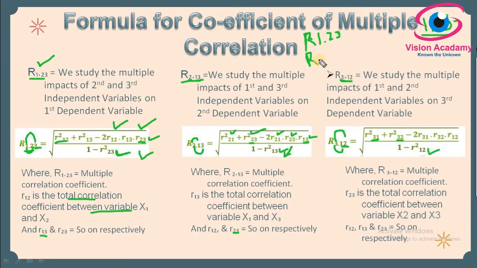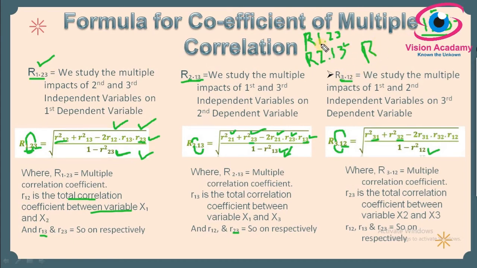So again for the second, we have considered 1 already as a dependent variable. Now we have to change that combination, and the second element is 2. I will consider the dependent variable as 2 here, and the remaining thing is 1 3. So the second option is over, then only one option is left, that is R3.12. I will tell you how to formulate this.